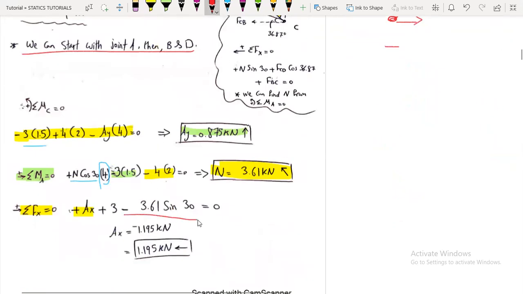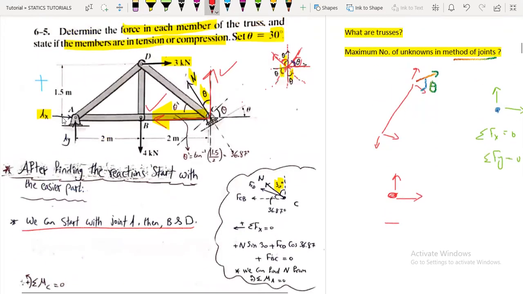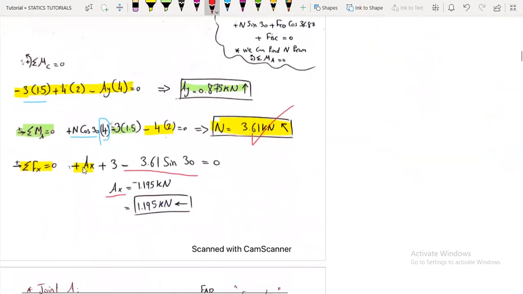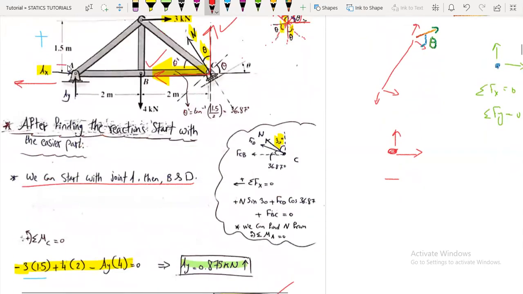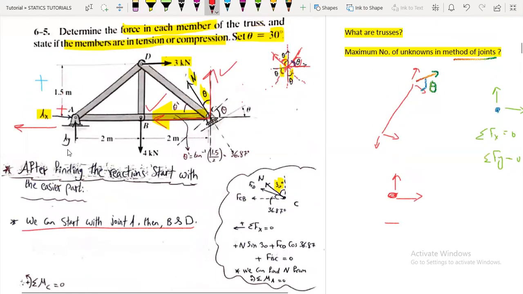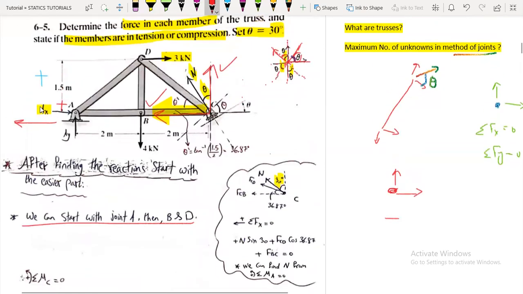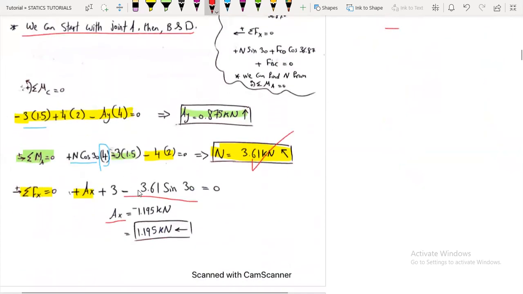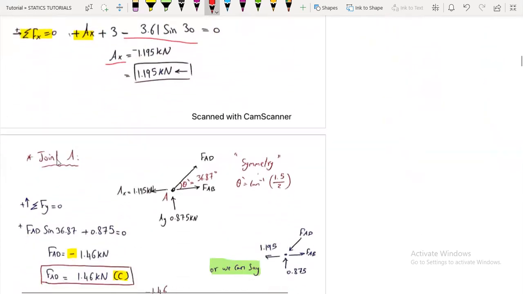So minus N sine 30, and N we have found to be 3.61 kilonewtons, and we will get Ax to be negative 1.195 kilonewtons. So it is acting opposite to the direction that we have assumed from the beginning. Sorry, here plus Ax, minus Ax. Yes, correct. It should be opposite to what we have assumed. Now we are done.